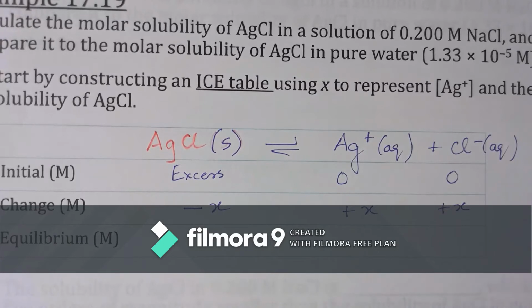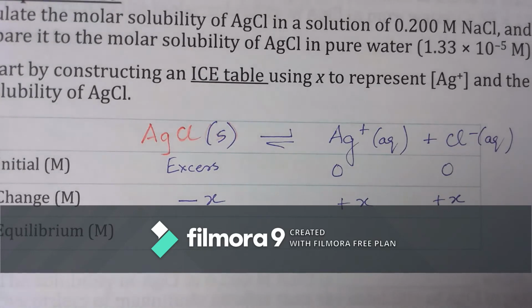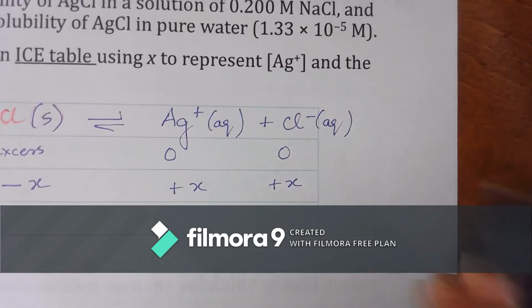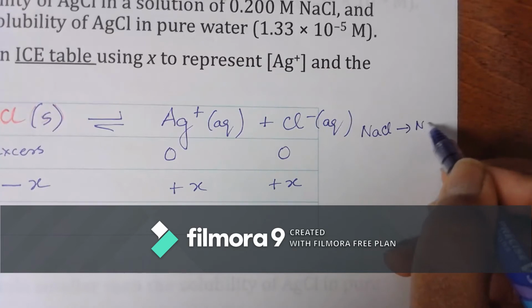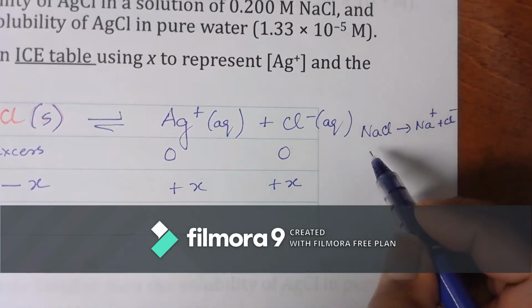Now let's read the problem again. Calculate the molar solubility of AgCl in a solution of 0.200 molar NaCl. Okay, so I'm going to move it to the side. They're adding NaCl and it's going to completely dissociate to give Na plus and Cl minus. Of course, all are aq.